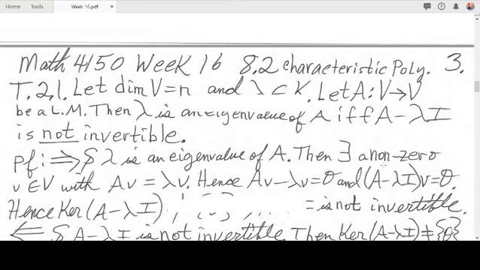That is, it does not have an inverse. Now, you can also reverse it and put lambda I minus A, and the same thing still works out. The proof is very easy to follow. The forward direction and the converse direction are very simple.